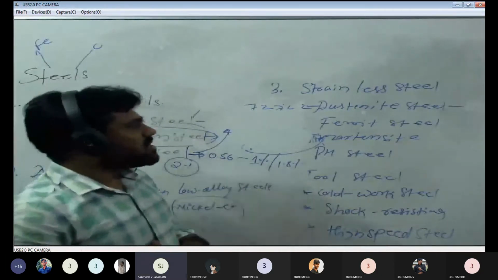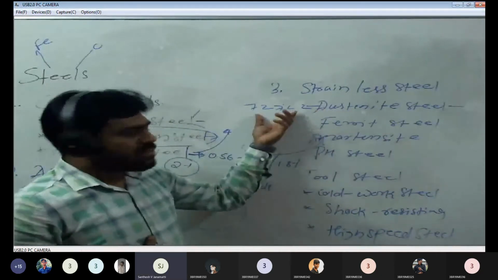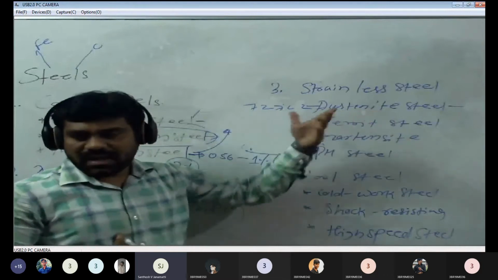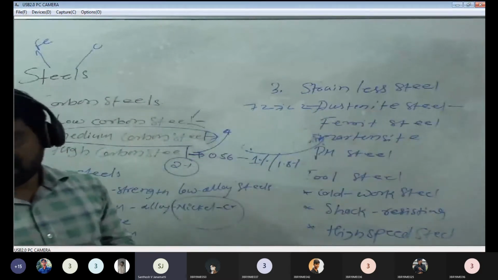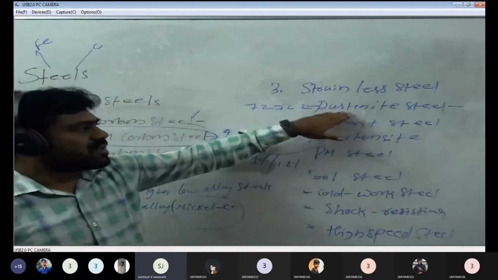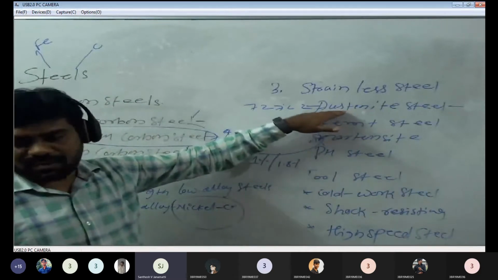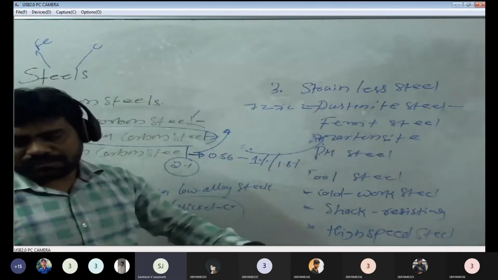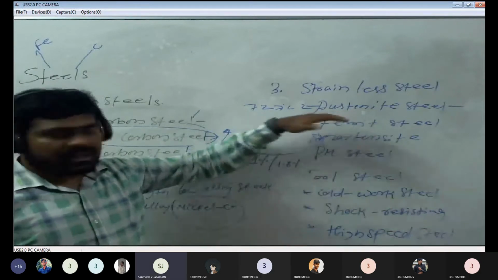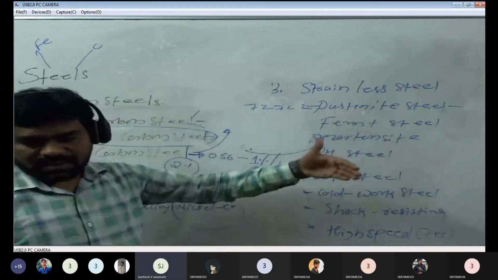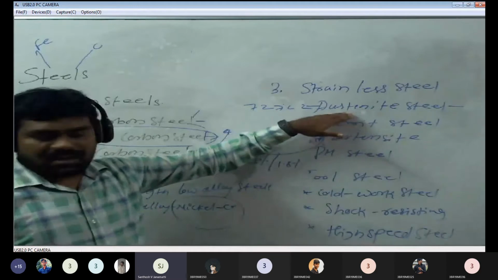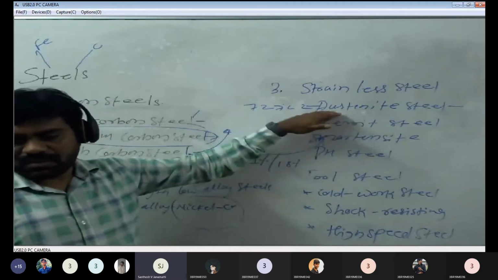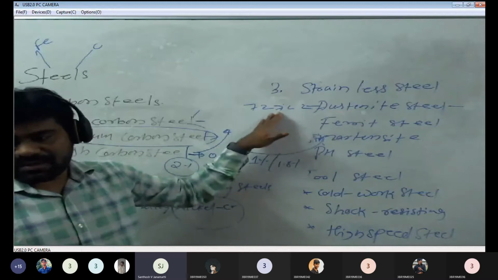These steels work at high elevated temperatures. That is why we call it austenite: in the heat treatment process, we heat the steel up to the austenite temperature, then cool it, and that steel enhances its properties. So you can say it is a stainless steel stable up to 727 degrees Celsius.